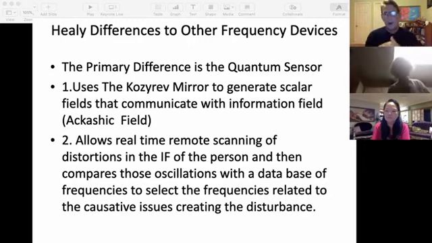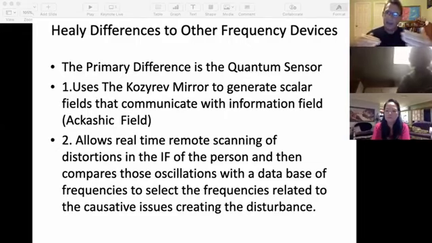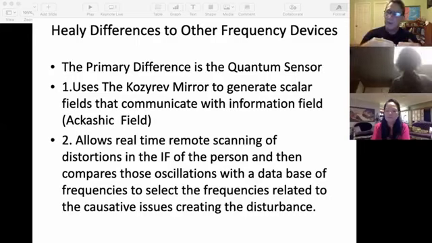They rely on biofeedback: they put a frequency into the body, the body responds and sends back a signal, and then we look for a match of those signals to determine what the problem is and what frequency or treatment we need to offer.